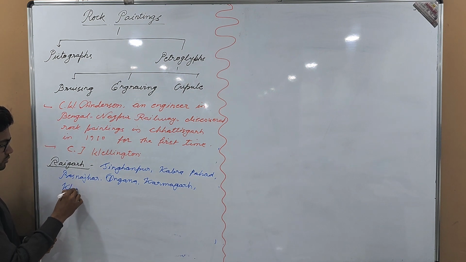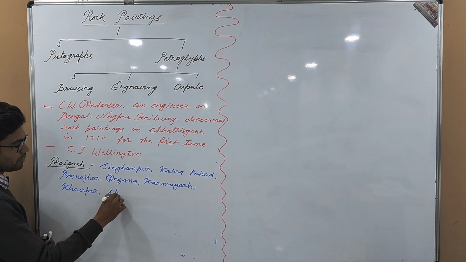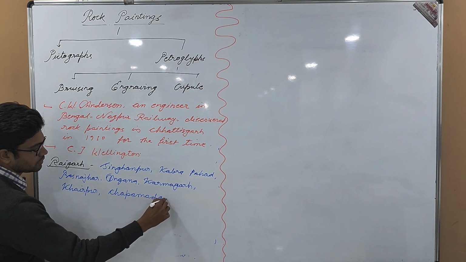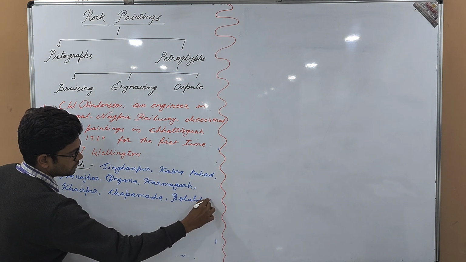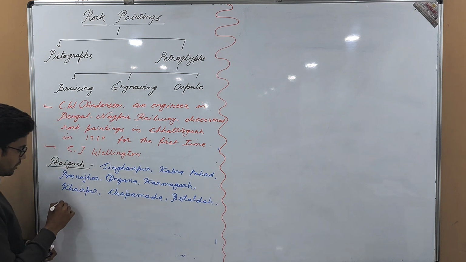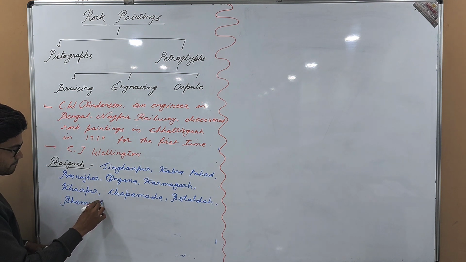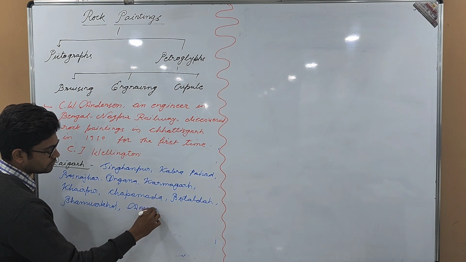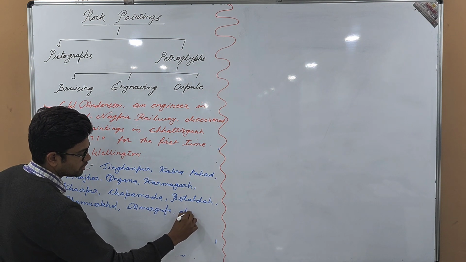Then there is Khairpur. Then there is Chapamada. Then Botalda. Then Bhamarkhol. Then Amar Gufa. Then Cheri Godri.